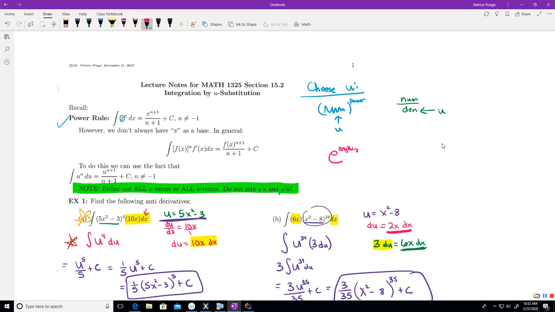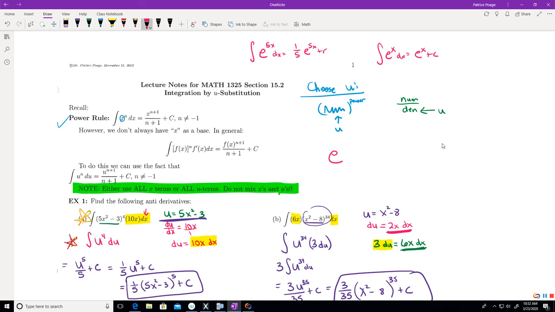Because we know the integral of e to the x is e to the x. And we also know the integral of e to just a number times x is just 1 over that number times e to the 5x.